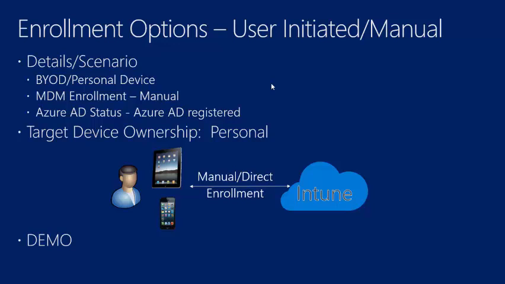And then the last thing, we talked in our first session about the different kinds of ownership, either personal owned or corporate owned. And so wherever you have a bring your own device, personal device enrollment type scenario, these will be visible in the Intune console as personal owned. Now, there's an exception to that.